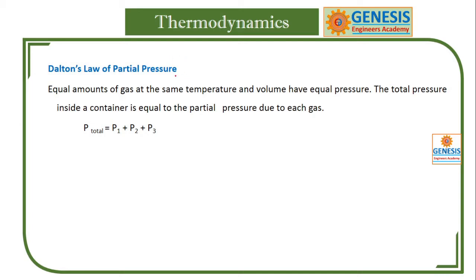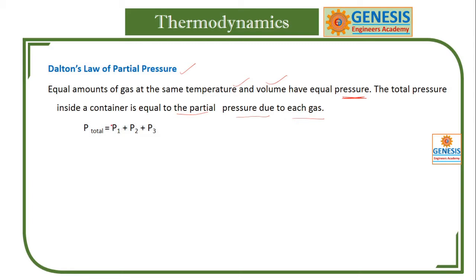Now there is another law called Dalton's law of partial pressure. Partial pressure means a part of the pressure. Equal amounts of a gas at the same temperature and volume have equal pressure. The total pressure inside a container is equal to the partial pressure due to each gas.